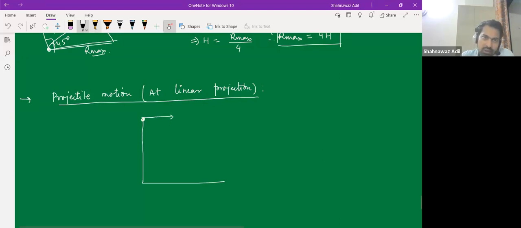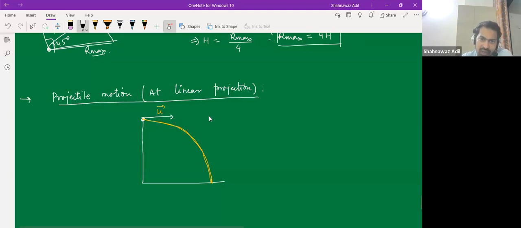So I have given this velocity u horizontally, and this object will go like this. So this is what we call linear projection.